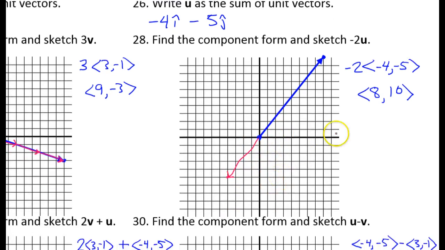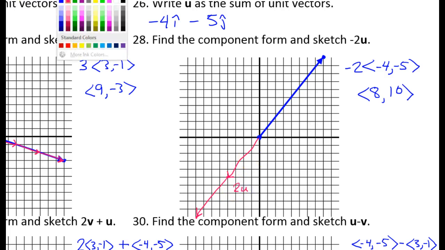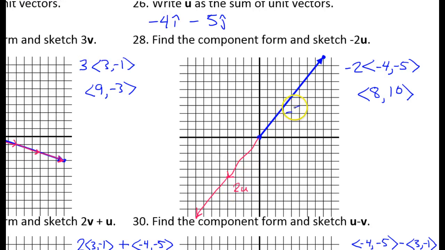And then -4, -5 again would be like this, -4 and then -5. So this would be 2u. So of course, -2u would be the same thing, but in the opposite direction. Okay, so now we've illustrated what really is happening.